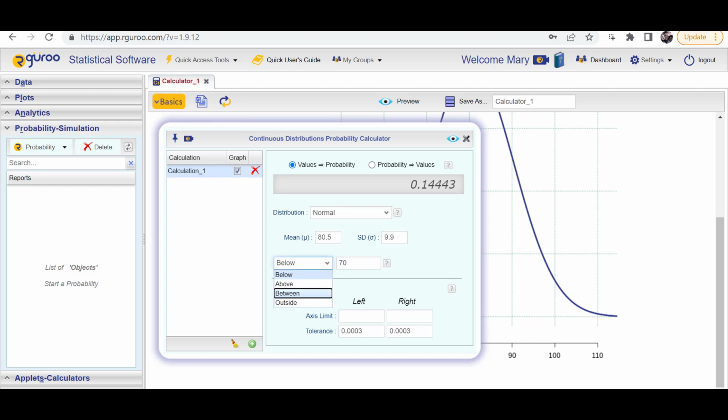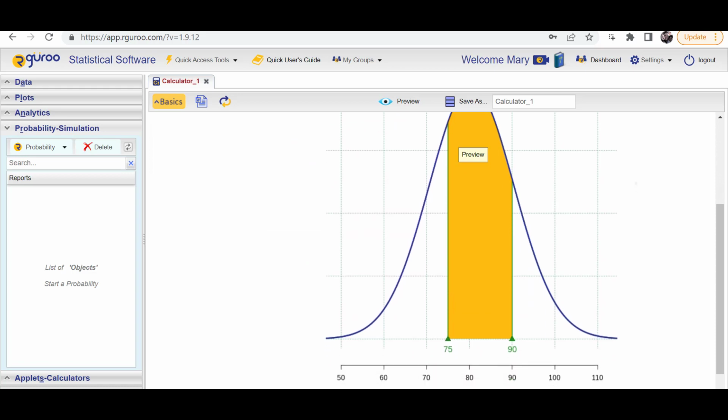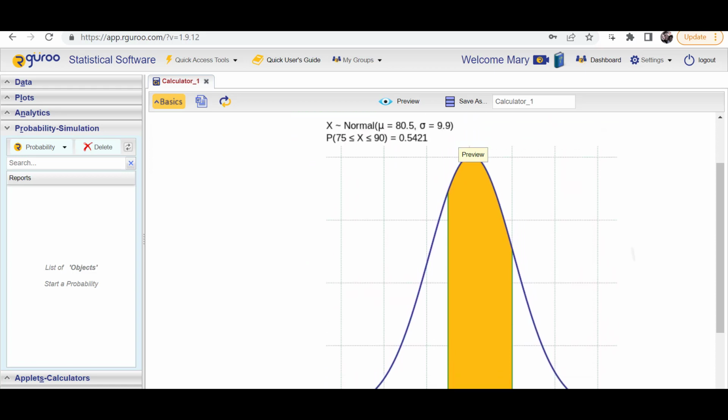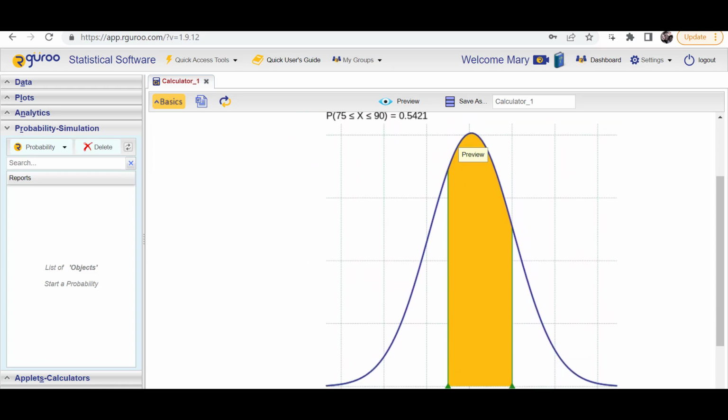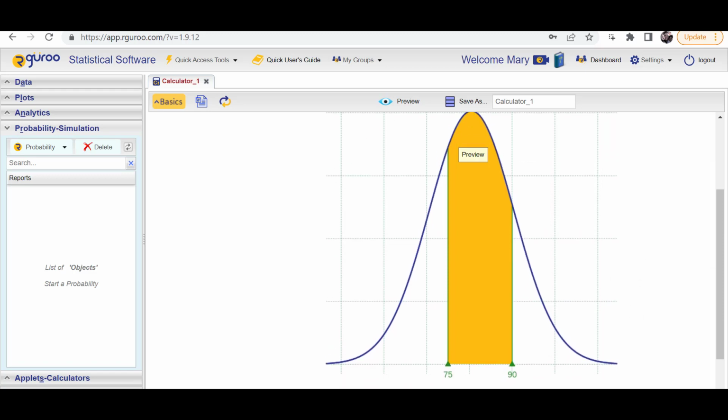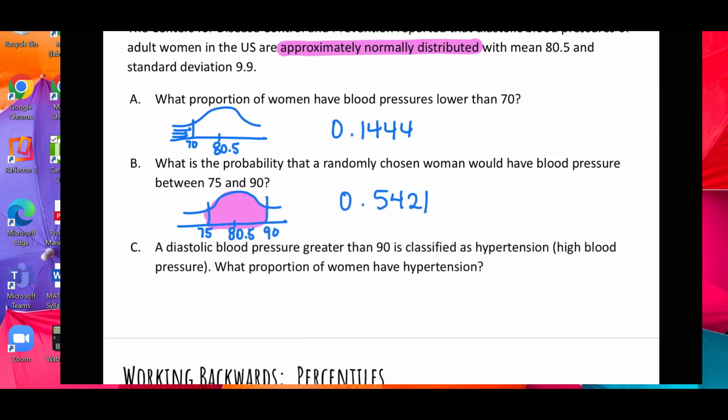What it is going to change is that I want the area between, and it's between 75 and 90. And then we click preview, and you can see between 75 and 90, and it looks like the probability is 0.5421. All right, so again, super quick, super easy to do these problems.